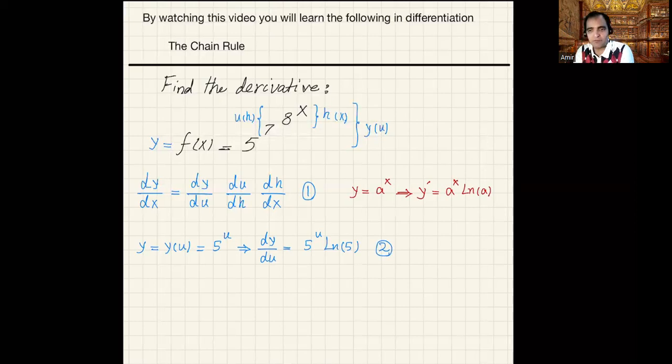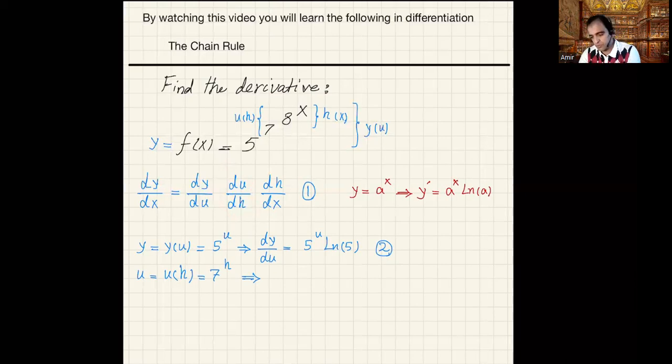Okay. Next, we have to obtain this portion. So u is in terms of h, which is 7 to the power of h. And then again, we are looking at this portion here in the chain rule.